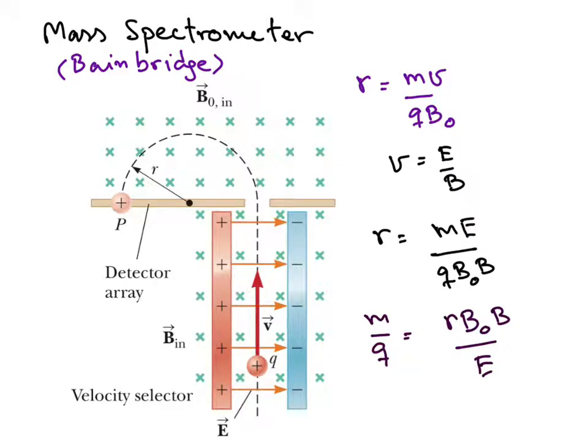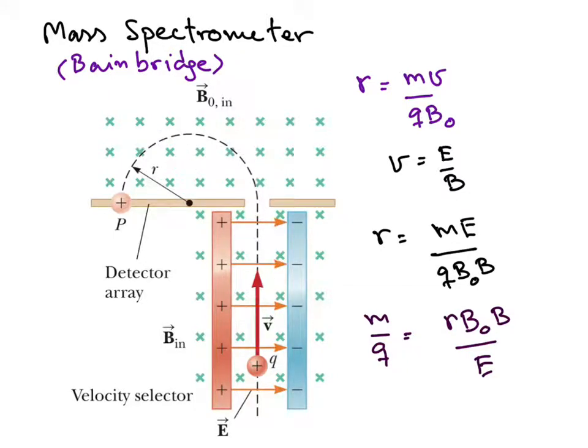Now we have these two relations. B is the magnitude of the magnetic field in the selector region, and B0 is the magnitude of the magnetic field in this region. If we put the value of v, which is the velocity of the particle that can pass the velocity selector, into this equation, we will have that R is equal to mE over qB0B. This is the radius of the circular path of the particle that passes through the velocity selector and enters this region.